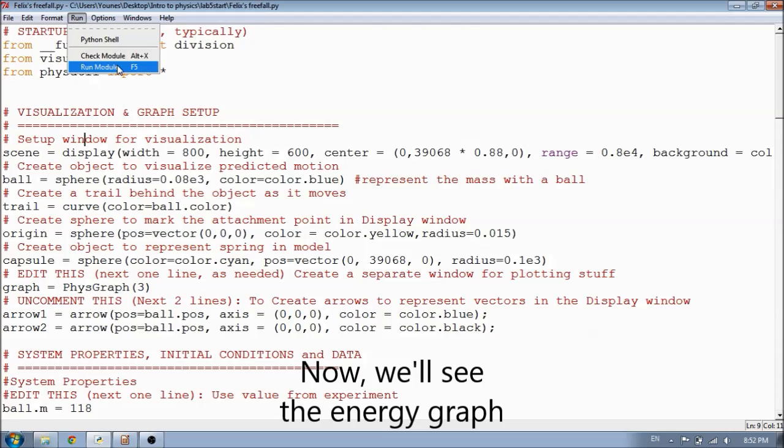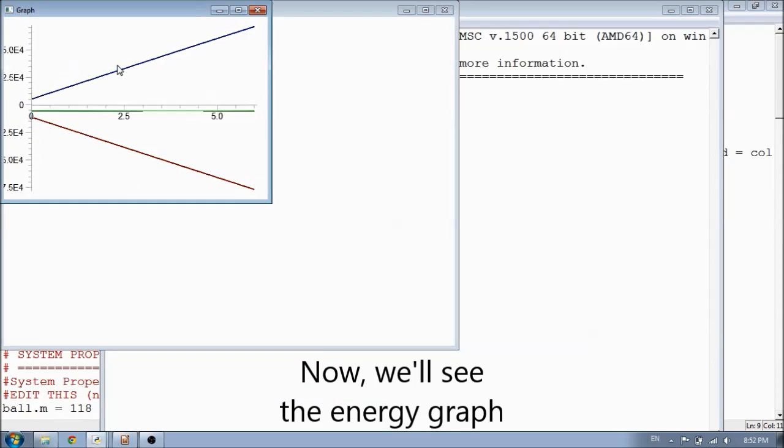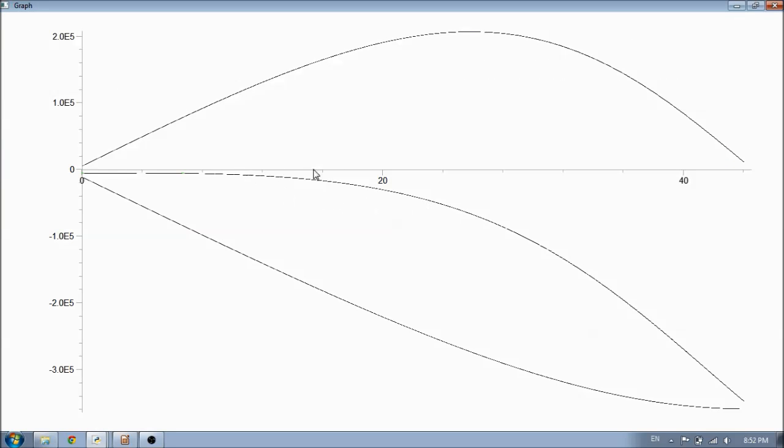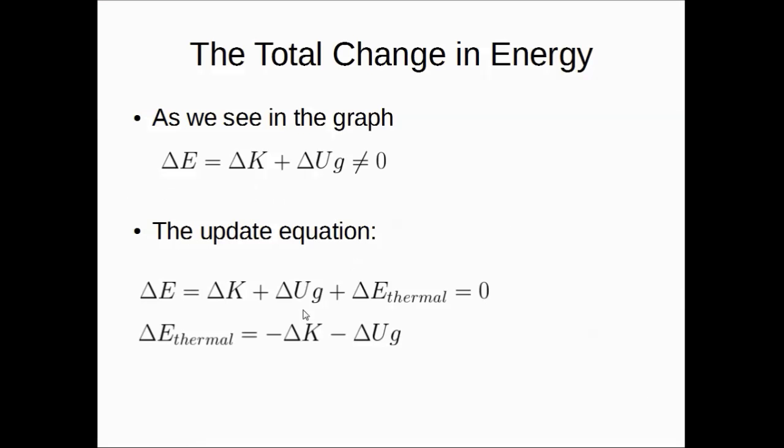Assuming that the kinetic energy and the gravitational potential energy are the only energies affecting it, you can see that the total change in energy is not zero. And that's because some of the energy got dissipated and transferred into thermal energy. And here's the updated equation as you see here.